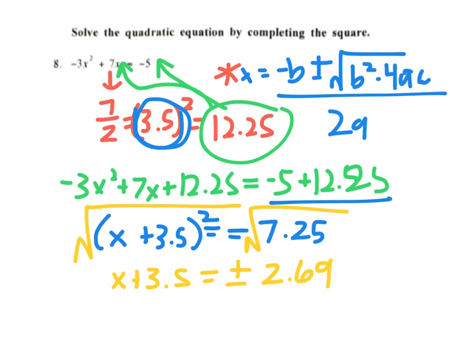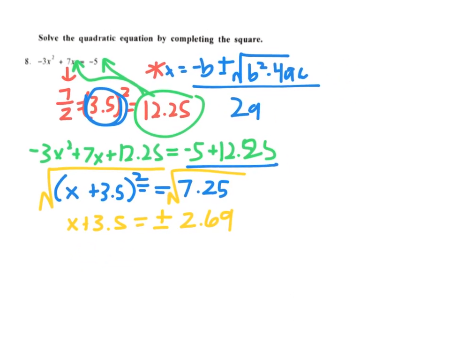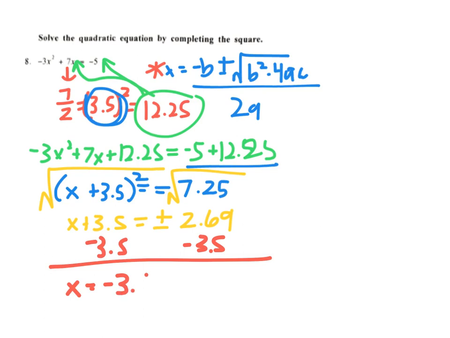And then we need to move our 3.5. I'm going to zoom out a little bit so I have some more room. So then we're going to go ahead and subtract 3.5 from both sides. When I do that, I have x equals negative 3.5 plus or minus 2.69.